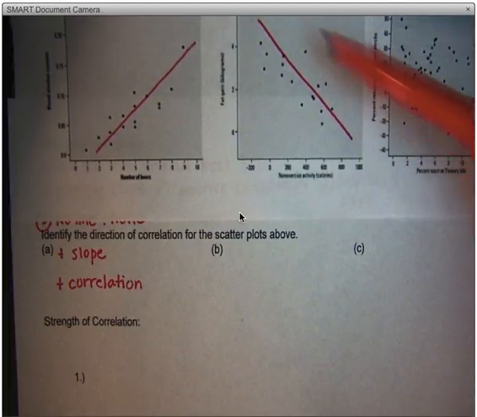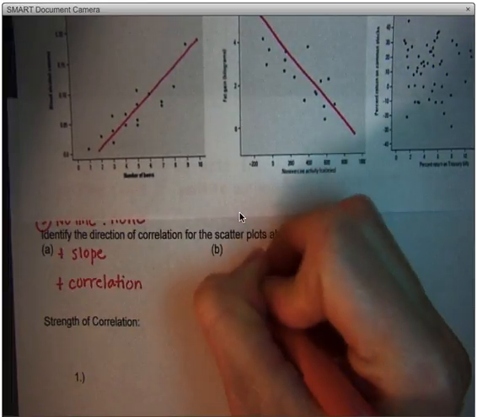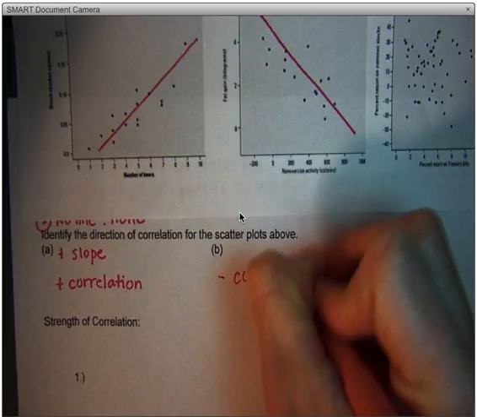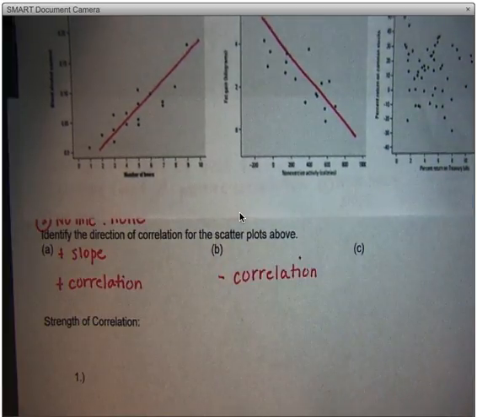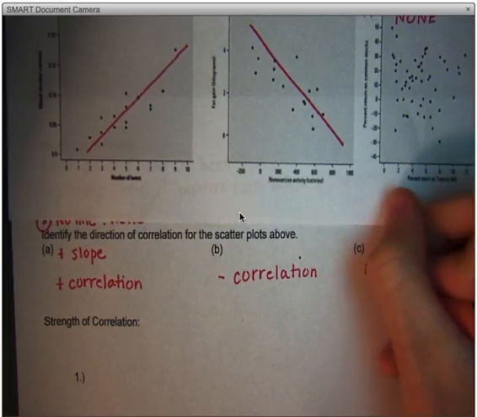Okay, B, if we look at our best fit line, that one has a negative slope, so this one would be a negative correlation. And then C, we said there is no best fit line, so this would be no correlation.